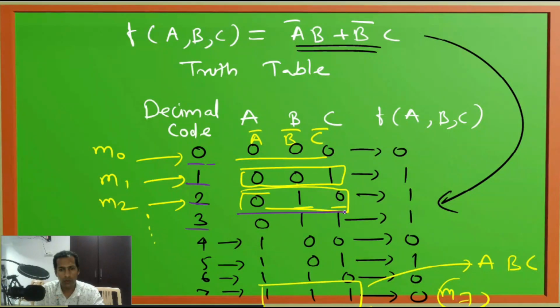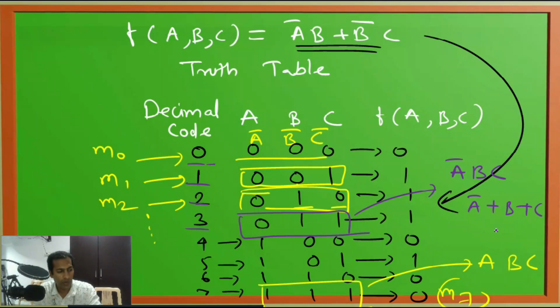Say this is row 4. In this what we have? We have A bar B C. Or if we write it in the OR form, it will be A bar plus B plus C. This means wherever A bar is 0, B is 0 and C is 0, this term becomes 0, and being a term in a product, the function assumes the value 0.